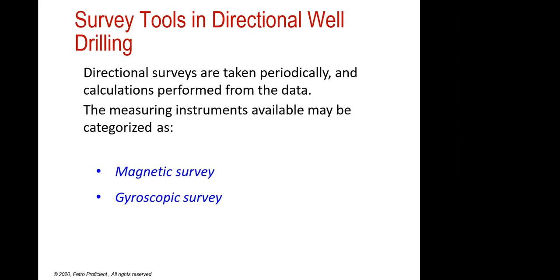Whenever there is a concern related to interference from any magnetic material, then you go ahead with the gyroscopic tools. Basically, inside casing, if you want to do any survey, you use gyroscopic surveys. This also works as an alternative to your magnetic survey, which is your standard MWD. So you have both options available.